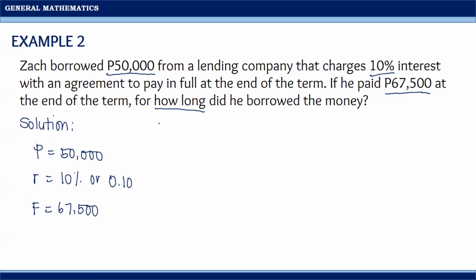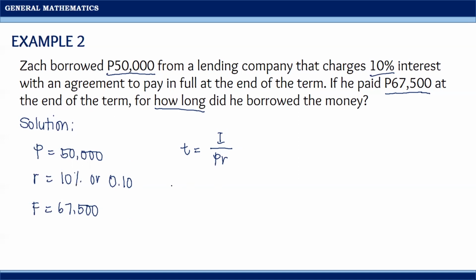Since we were asked for the time, recall that T is equal to I divided by P times R. However, notice that we need the value of the interest, and we don't have the value of I in the given.